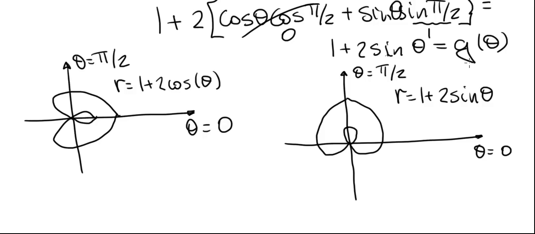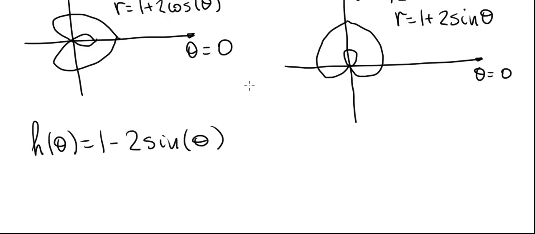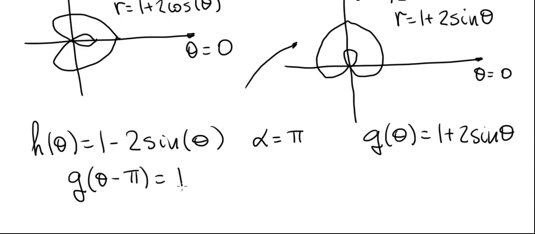Now let's go to our second polar equation and graph it. We'll use this principle. We now want to graph h of theta equals 1 minus 2 sine of theta. But see, we have this graph, and let alpha now equal pi. So let's look at g of theta, which is 1 plus 2 sine theta. So let's look at g of theta minus pi. That's 1 plus 2 times sine of theta minus pi. And let's use again a trig identity.